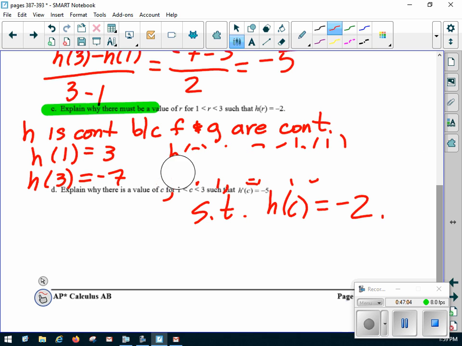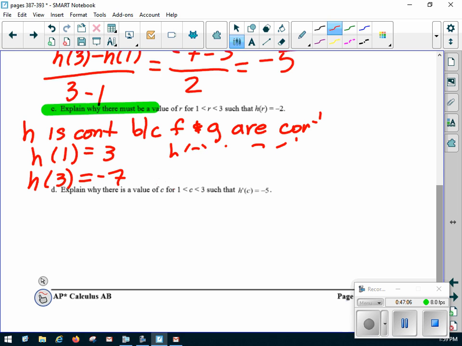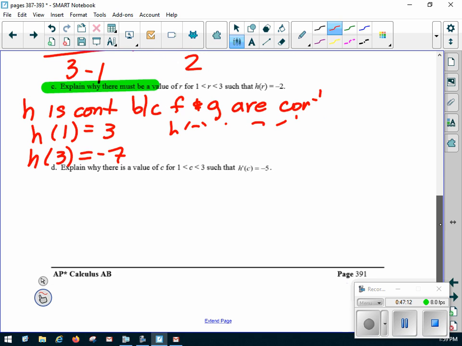Is this IVT also? That's not intermediate value theorem. This one's a little implied.